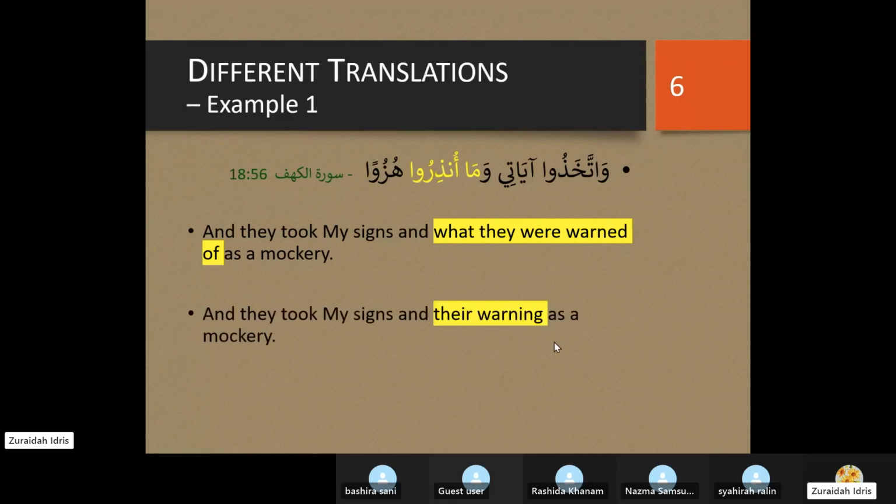Okay, so when ma is masdari, what does a masdari do in the first place? Let's do a short revision. There are two differences. Ma as a mausul is an isim. Ma as masdari is a harf.